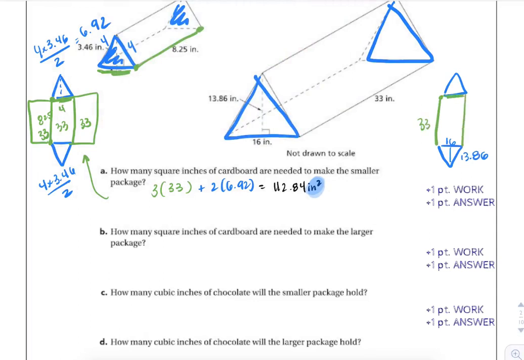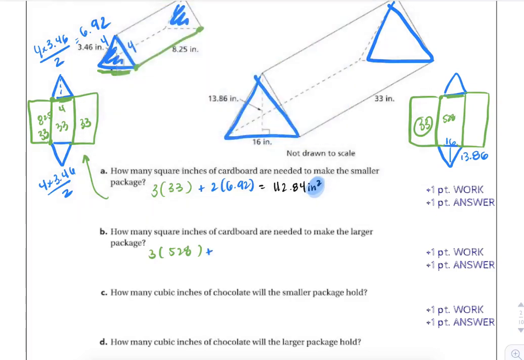Okay, and then that means each one is 33 by 16 for this space right here. 33 by 16 is, oh, let's multiply it. 33 times 16 gives us 528. So each one of those green rectangles is going to be 528 times 3.